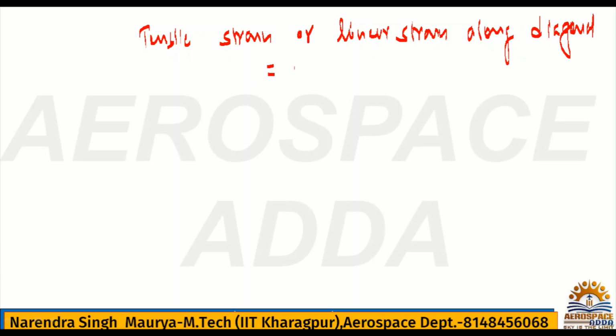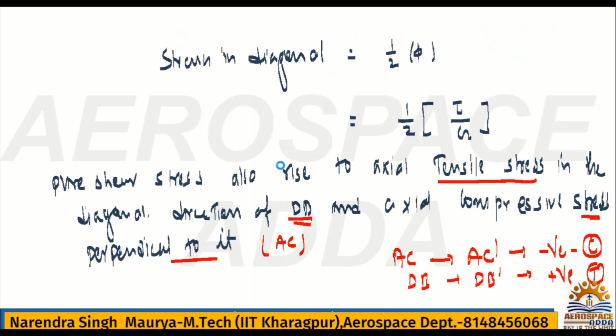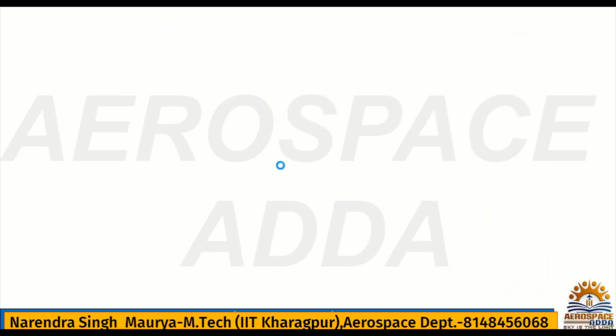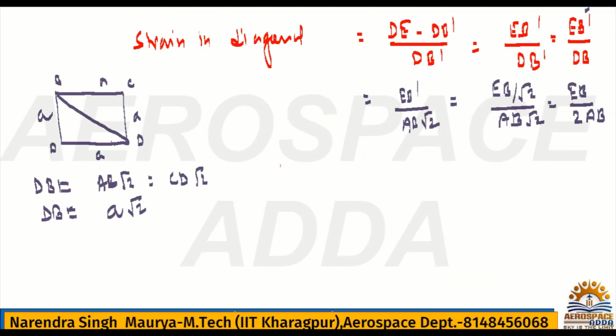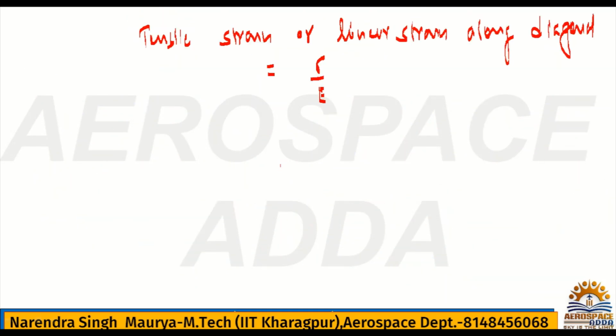This will be the stress which is acting, divided by E. And what is the stress I have written here? Tau. Sorry, this is the stress I have shown, tau, right? So tau stress I have to write here, not sigma, tau. So this is tau by E.